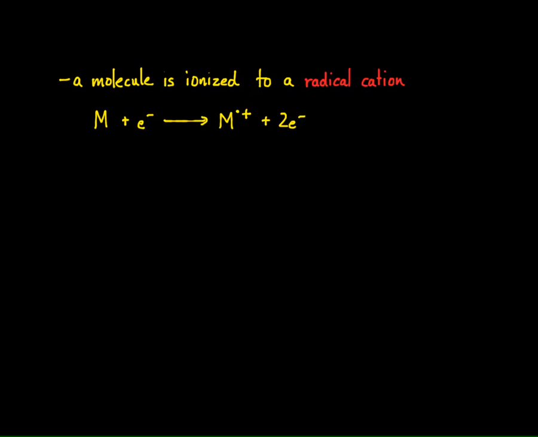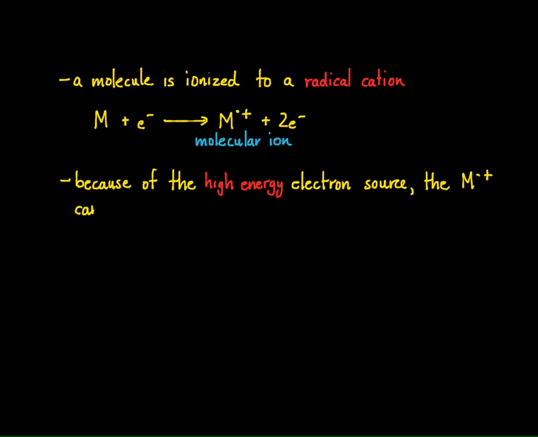So it is a cation, a radical cation, and we refer to this radical cation as the molecular ion. Because of the high energy electron source, that radical cation can fragment into smaller pieces.